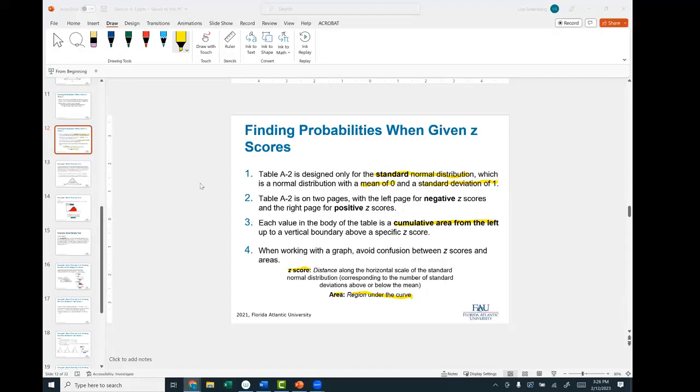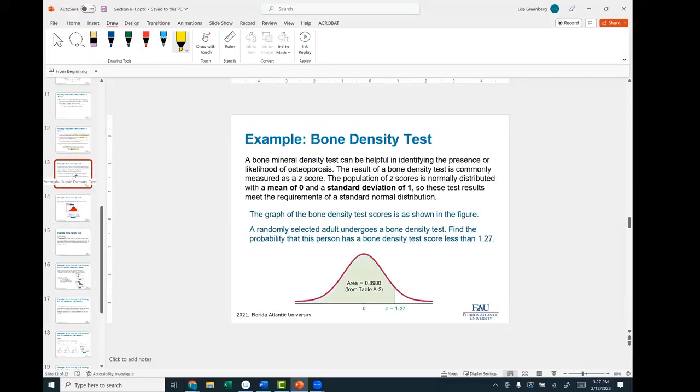First, let me talk more about standard normal distributions. All right, so we have here a bone mineral density test can be helpful in identifying the presence or likelihood of osteoporosis. The result of a bone density test is commonly measured as a z-score. The population of z-scores is normally distributed with a mean of 0 and standard deviation of 1.